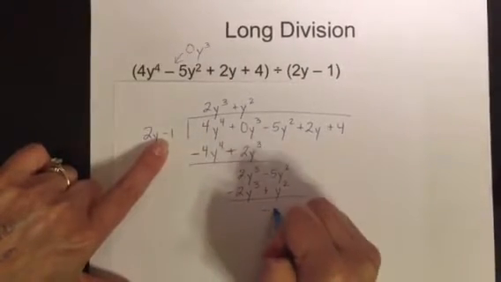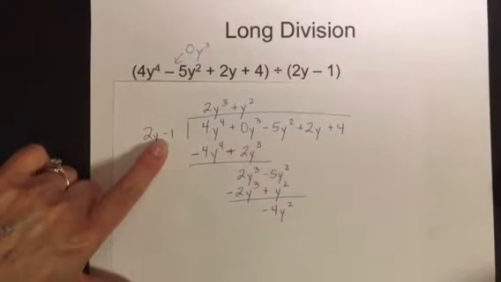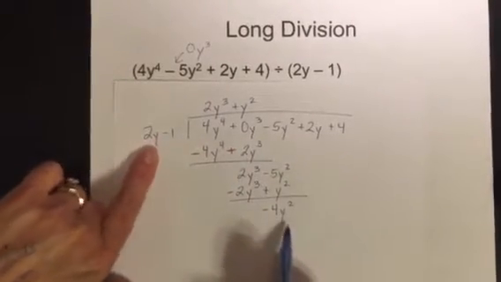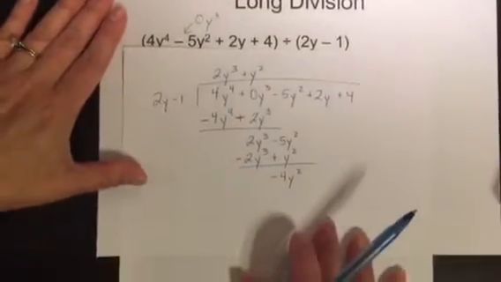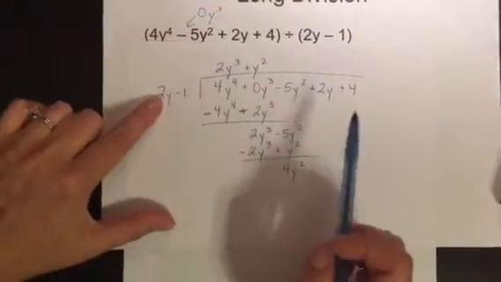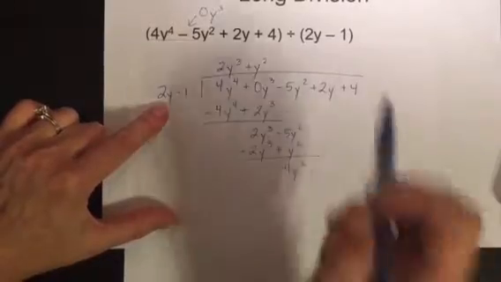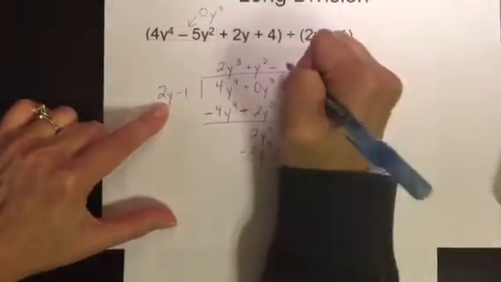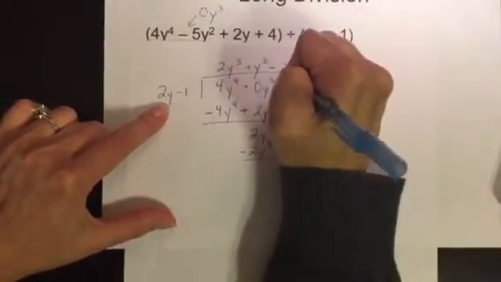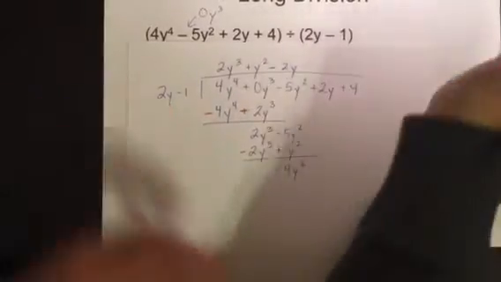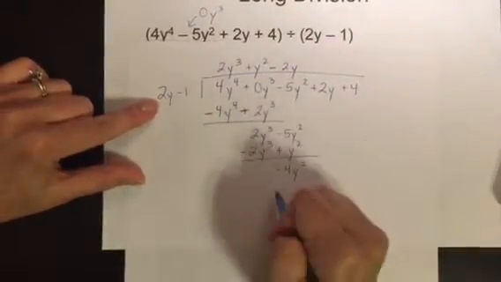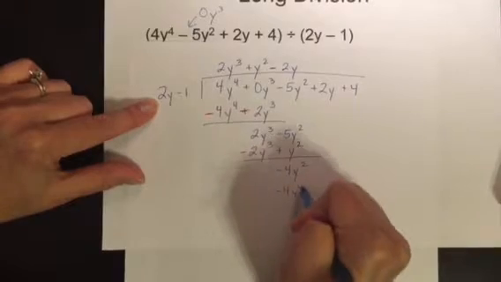So now I have negative 4y squared. Okay, so now same deal. Got to ask myself what I'm going to multiply 2y by to get negative 4y squared. So I need to subtract 2y. So now I have negative 4y squared.